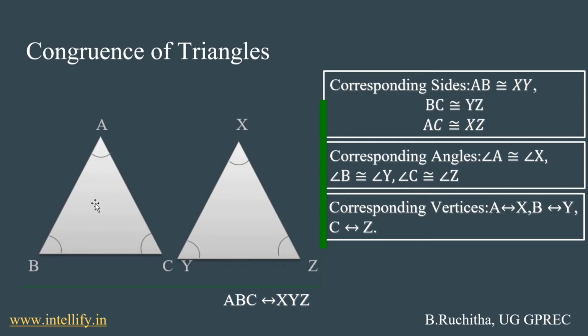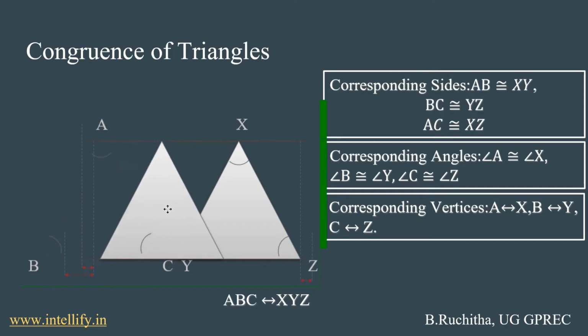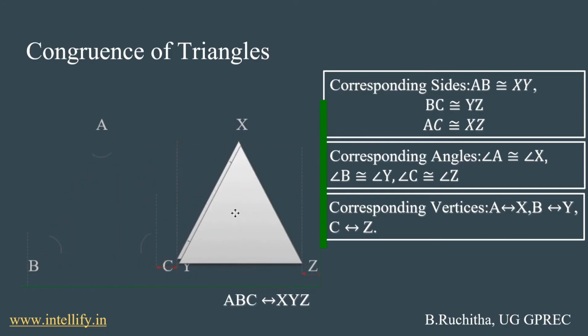Let us place them and see. If we place these two triangles at their corresponding vertices, we can say that the two triangles are congruent. So, therefore, triangle ABC is congruent to triangle XYZ.